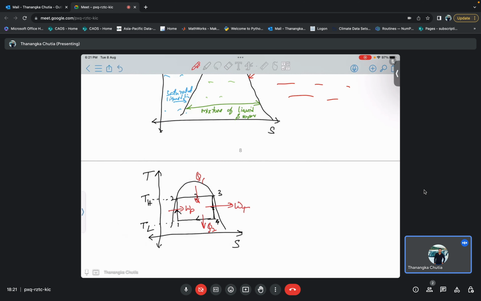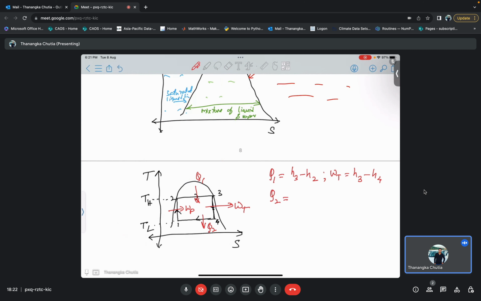Then Q1 is nothing but H3 minus H2. Forget about how it came, we will derive it after some time. WT will be H3 minus H4.